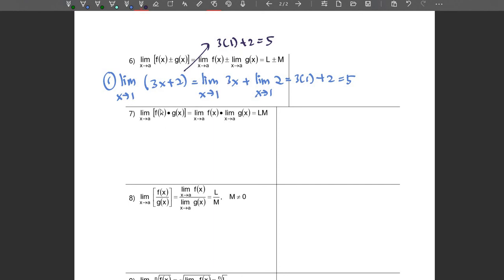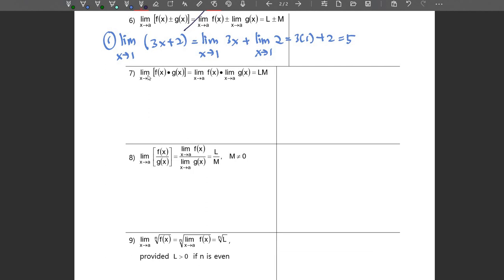Next, number 7, we have the limit of f(x) times g(x) as x approaches a is equal to the limit of f(x) as x approaches a times the limit of g(x) as x approaches a, which is L times m. A simple example, since I will just show you one: let's say the limit as x approaches 4 of 3x squared multiplied with (x + 1).